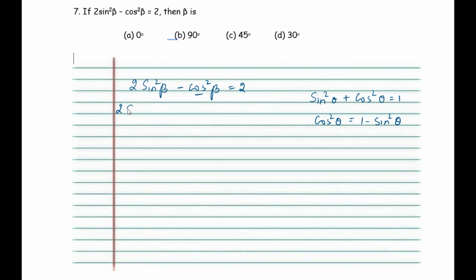Now, 2 sine square beta minus, replace cos square beta as 1 minus sine square beta, which is equal to 2.